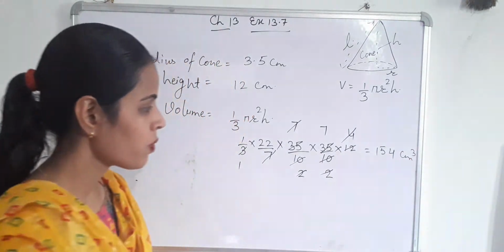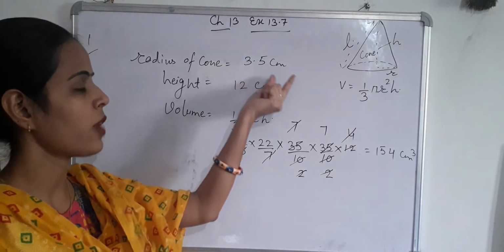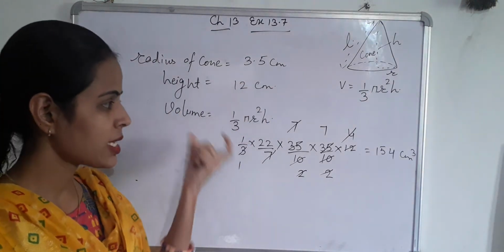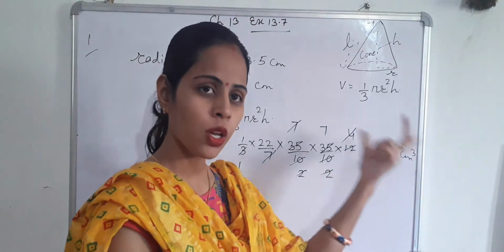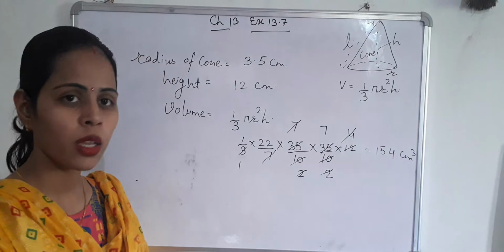So the volume of cone having radius 3.5 centimeter and height 12 centimeter equals 154 centimeter cube. Question number first is complete.